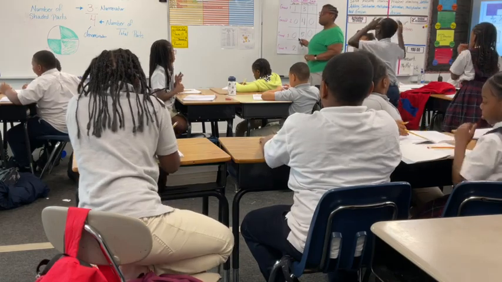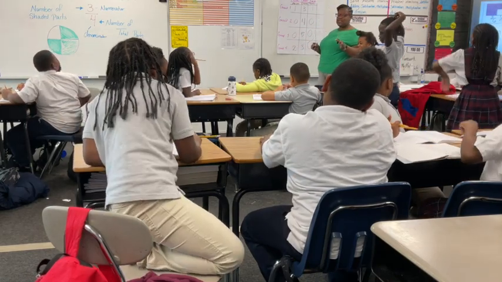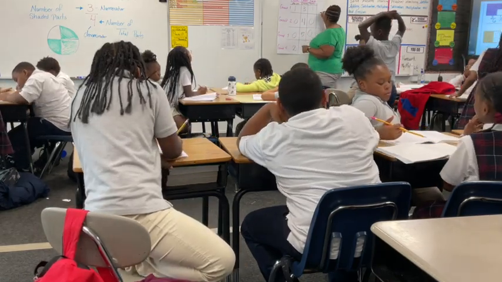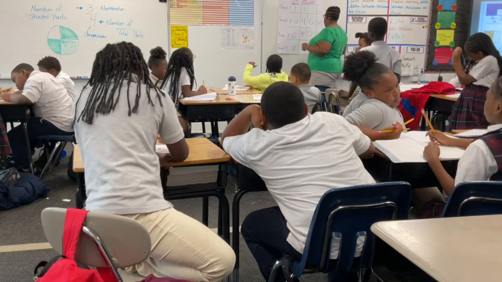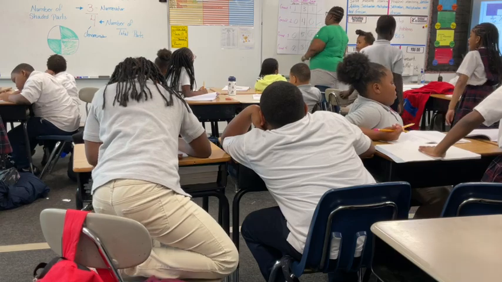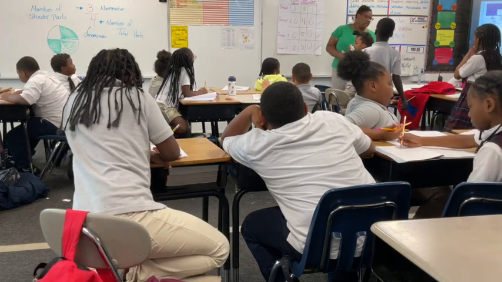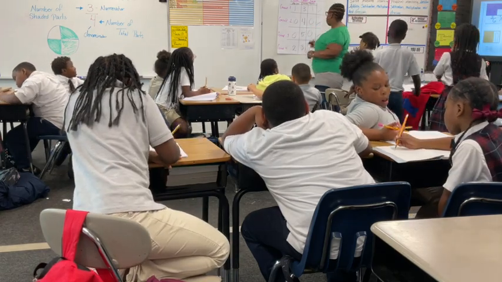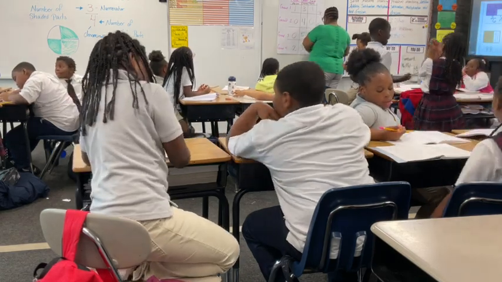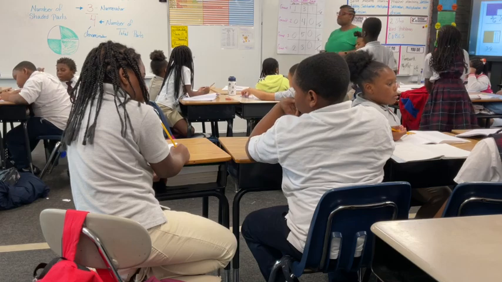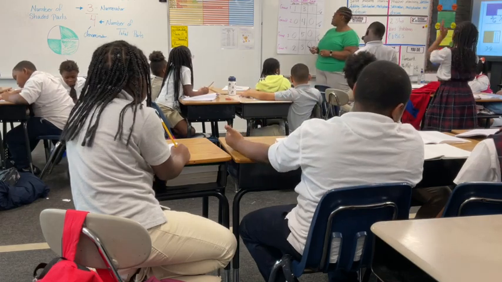And I told you that a medium pizza has how many slices altogether? 6. So we know that the denominator for all of our pizzas is going to be what? 6. Because there are 6 slices in all of the pizzas.